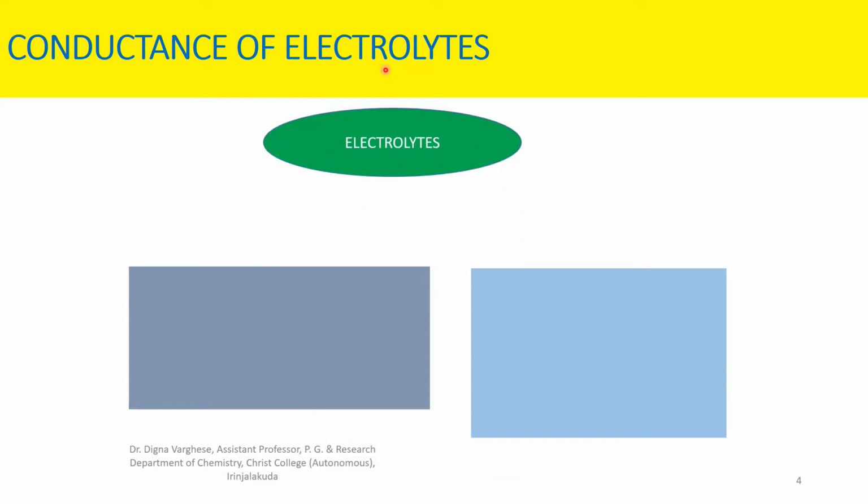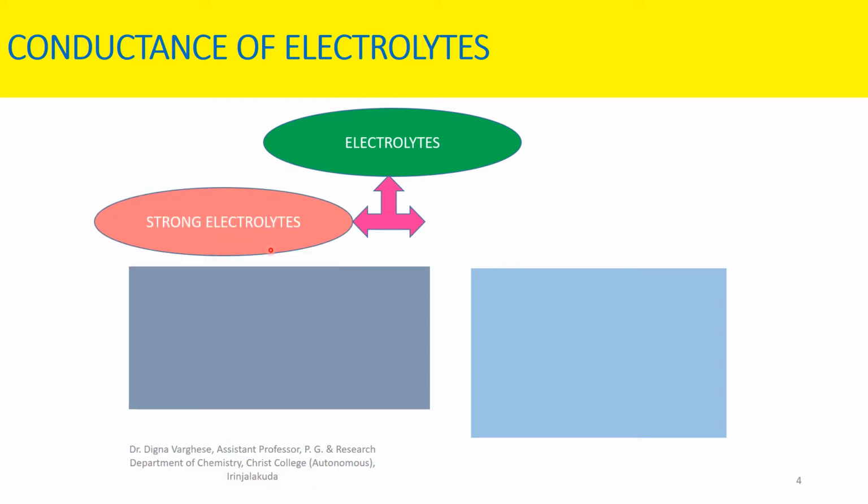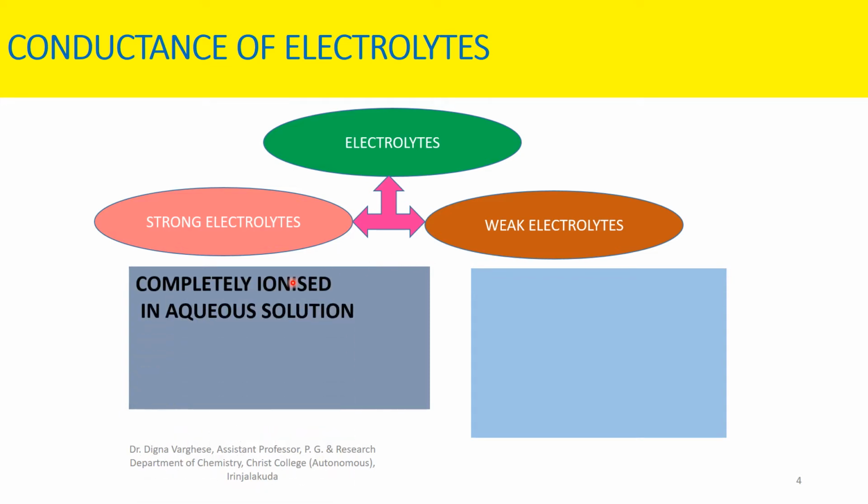Electrolytes are broadly classified into two types: strong electrolytes and weak electrolytes. What is a strong electrolyte? A strong electrolyte is an electrolyte which is completely ionized in aqueous solution, even at moderately high concentrations.